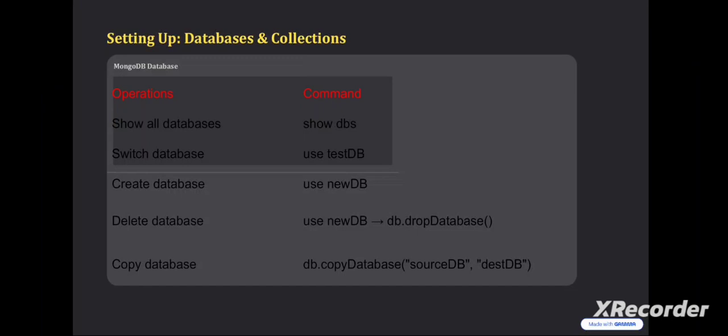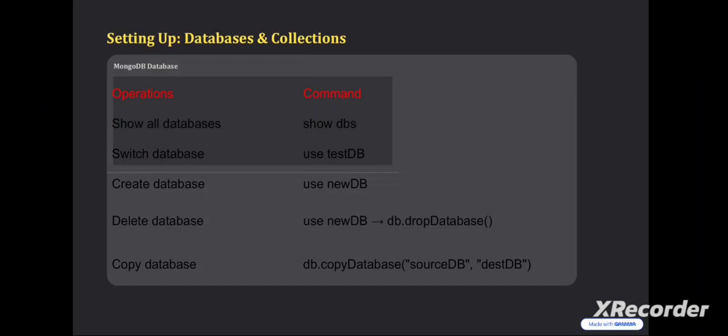And we'll see the various operations. If we want to show the list of all available databases, we'll be using the query show dbs. And then to create and use a new database, you will be using use space new db.